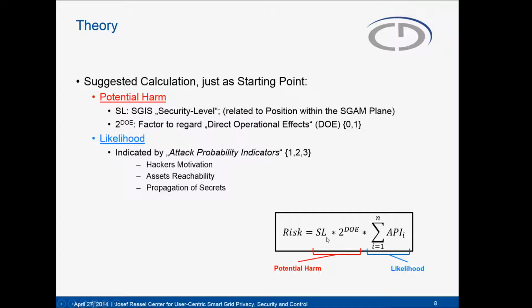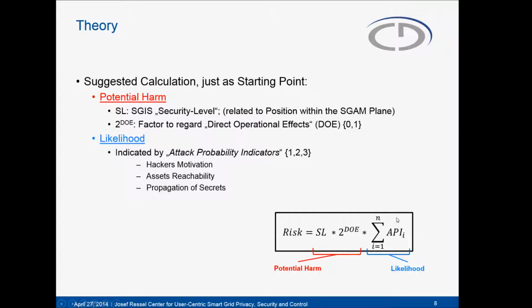The first one is taken from the M490 working group, Smart Grid Information Security, and here we're using the security level, which is directly related to position within the SGAM plane. And the second factor we introduced is a factor 2 to the power of direct operational effects, which should mention if there are direct operational effects to expect by a hacked asset.